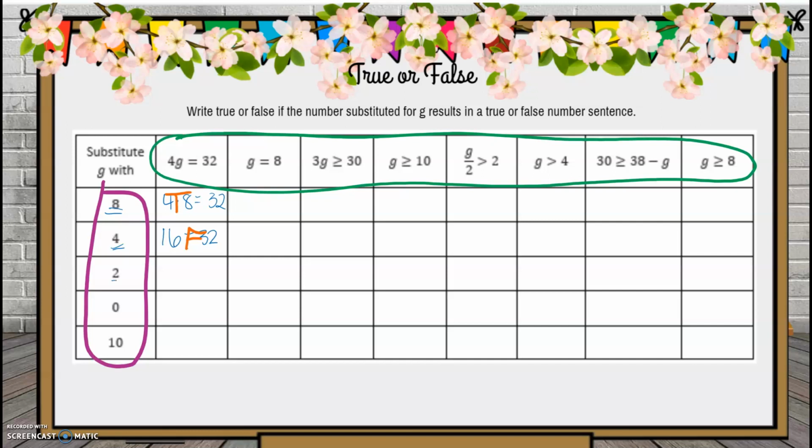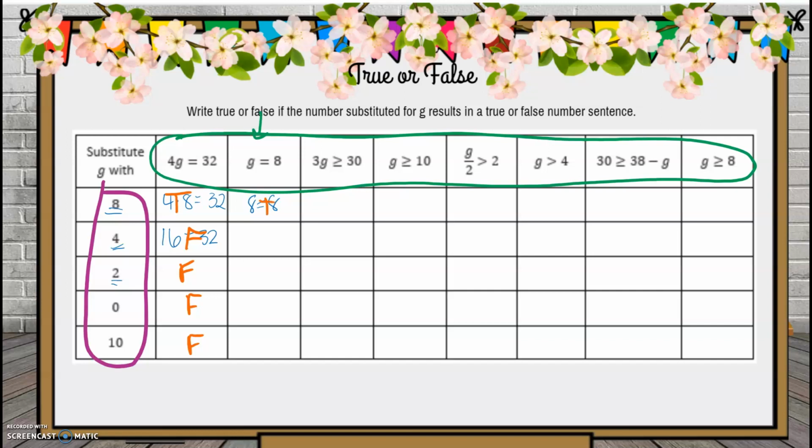Looking at the next one, basically we know for anything that's not 8 for G, all the rest of them are going to be false. Right? So then the next column, right over here, has G equals 8. So we substitute 8 for G. Does 8 equal 8?